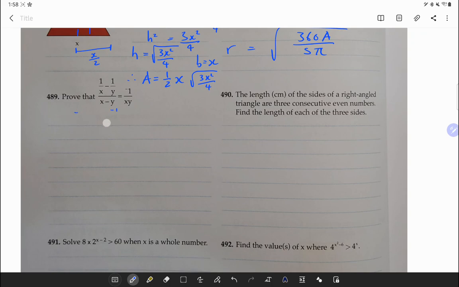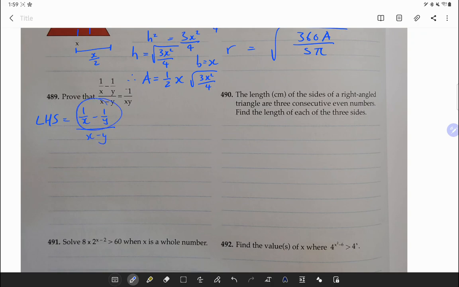To do that, I would start with the more complicated, bigger looking side, because then we would be simplifying into this one. So let's start there. We call it the left-hand side. So we're saying the left-hand side is with that. Oops, that's not an x, that's a y.